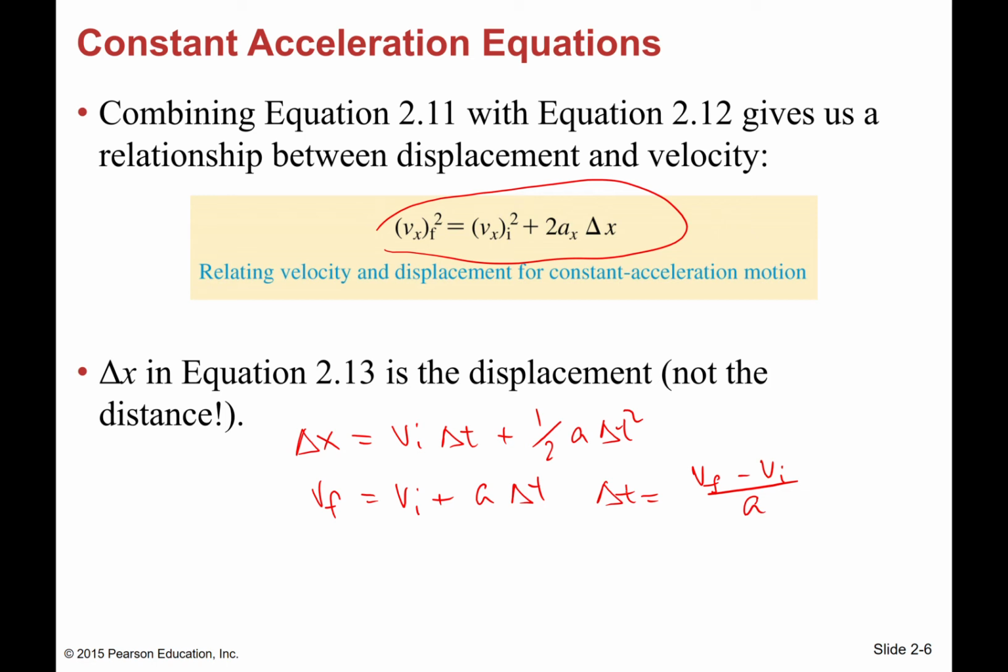Now I take this delta t and put it there. So I get that delta x is equal to Vi times delta t, and delta t we said was Vf minus Vi divided by a, plus 1/2 a times delta t squared, so this is Vf minus Vi squared divided by a squared.